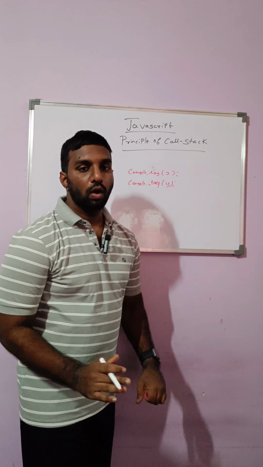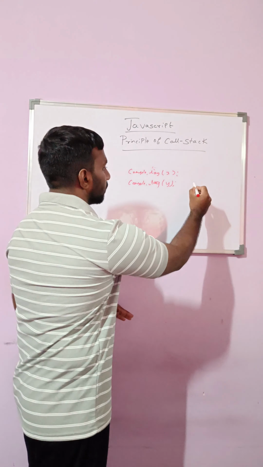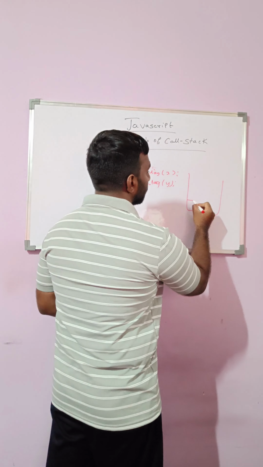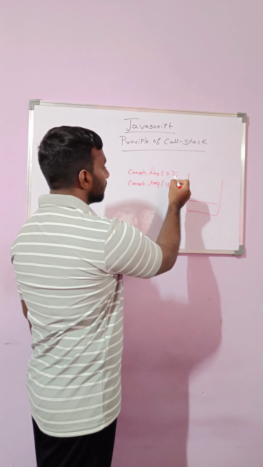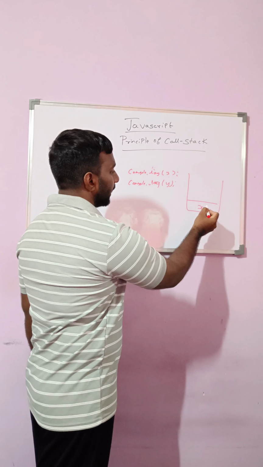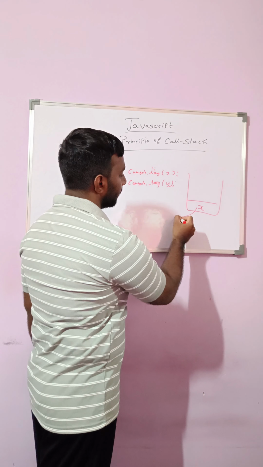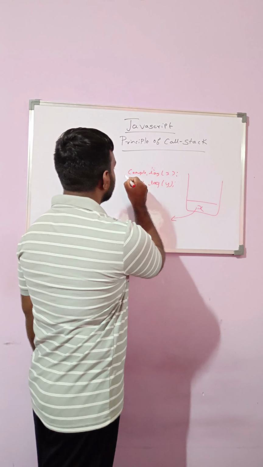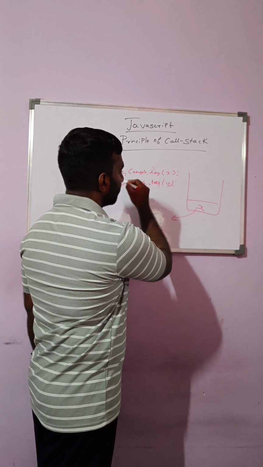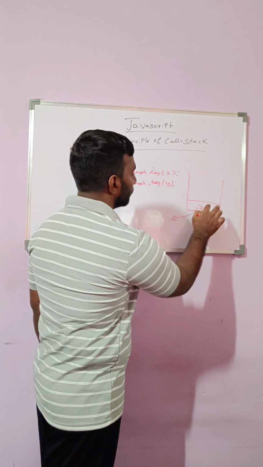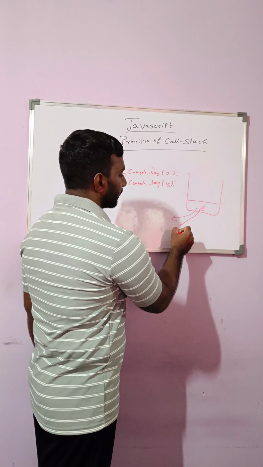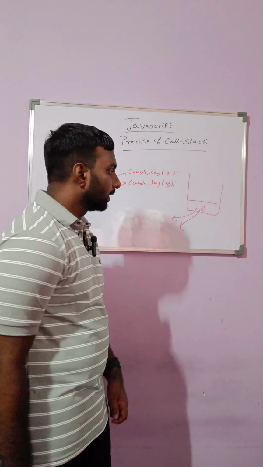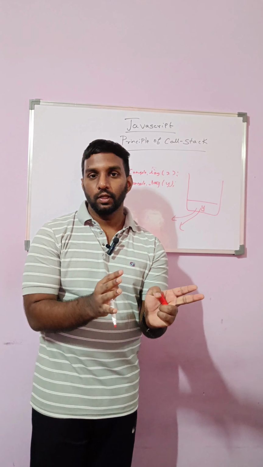What happens is, the call stack first takes x, x sits here, x will be printed in the console, and it will be thrown out. Next it will shift the next statement to the call stack, execute it, and throw it out. This is how it generally works.